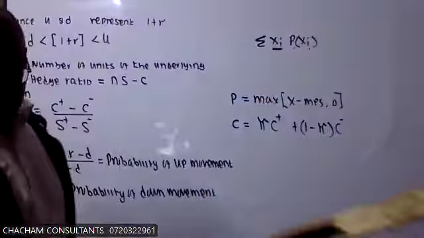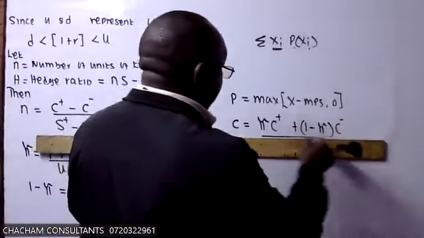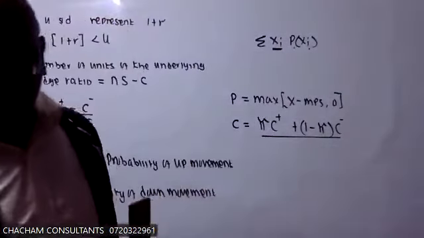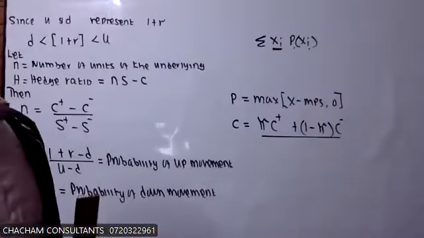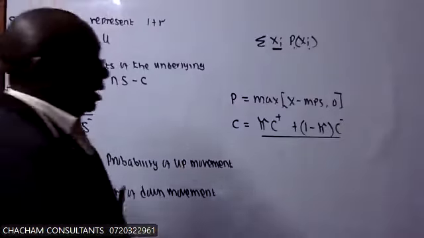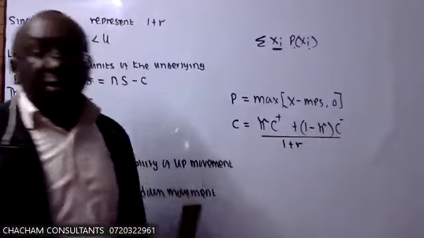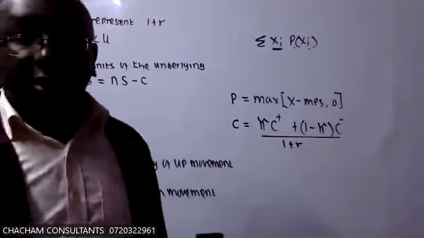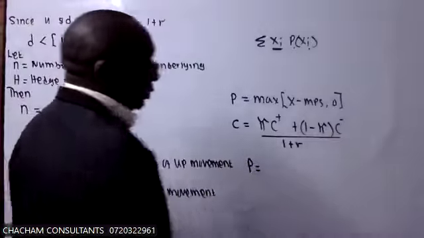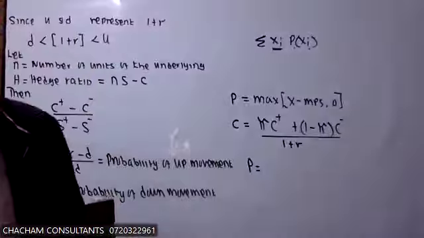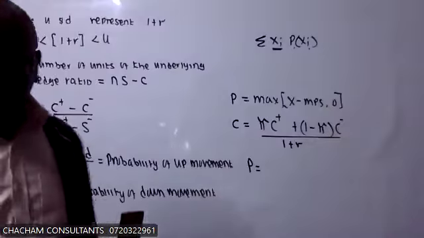Then it is divided. In other words, we want to discount it by 1 plus R. And if you're dealing with a put option, you want to know the value today, the put price today. It is the same thing.